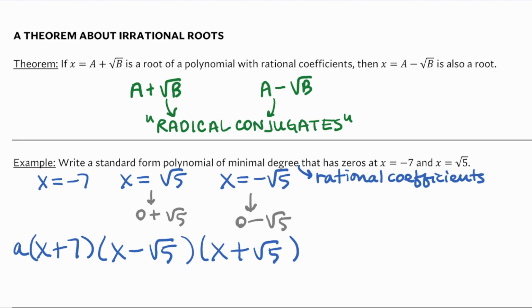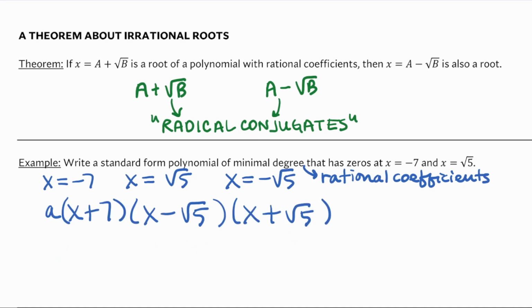Okay. You can multiply these in whatever order you want, but I think it would be wise to multiply the minus square root of 5 and plus square root of 5 ones first, just because these kind of look like a difference of two squares, right? And it's going to work out that way.